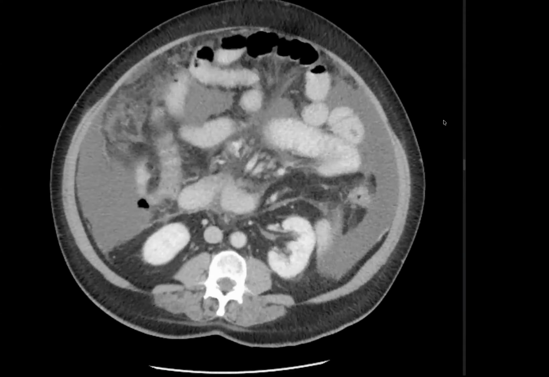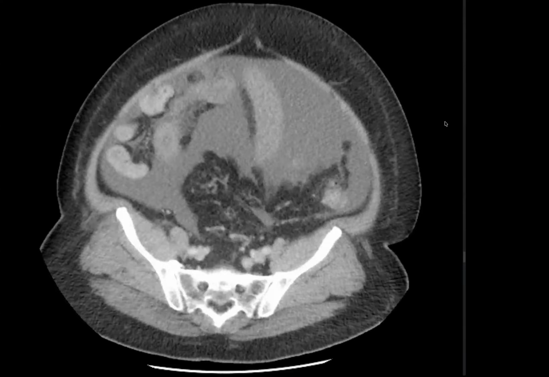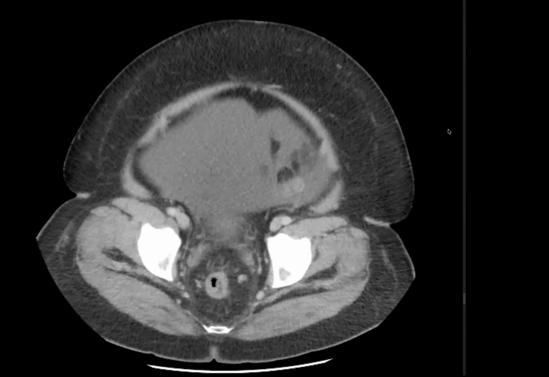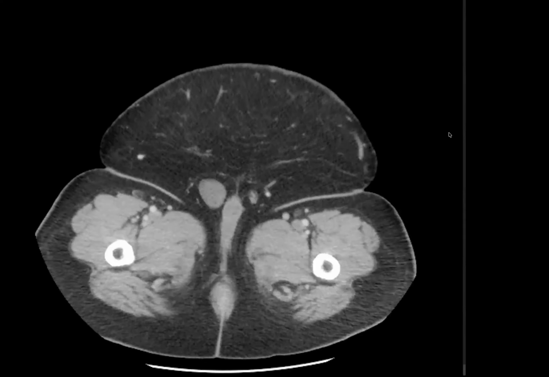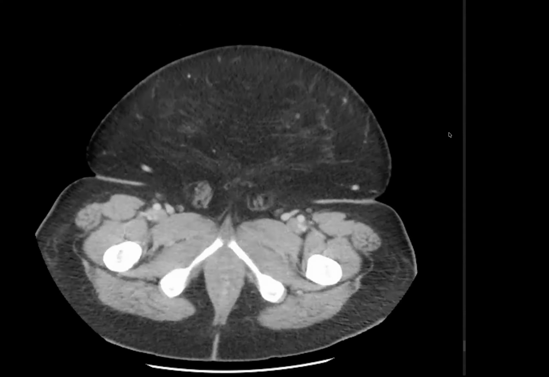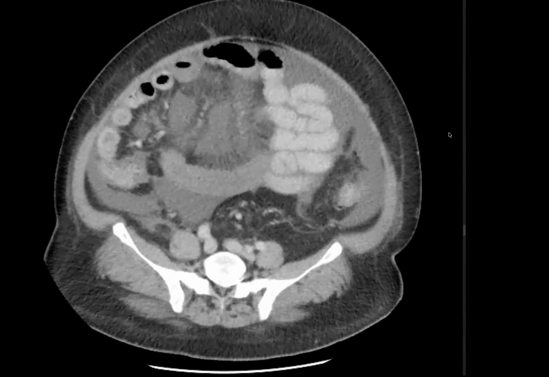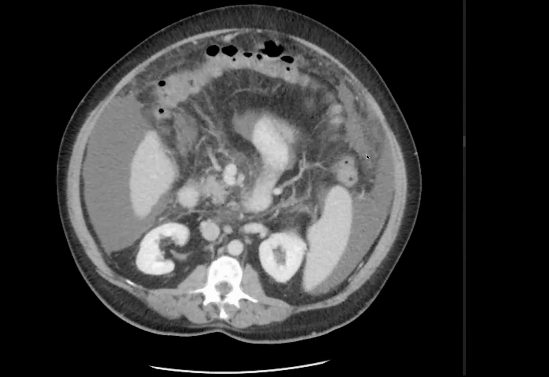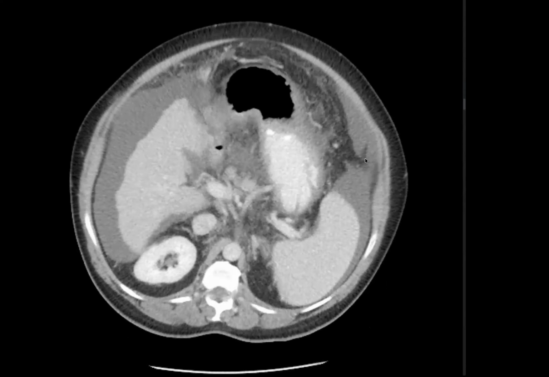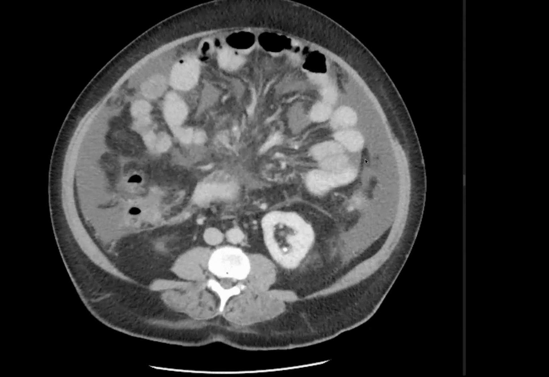I would like to look at the pelvis. So this is a male patient. There is a right inguinal hernia, but this is a mesenteric panniculitis with gross ascites, and I would like to look at the coronal image sections if available.